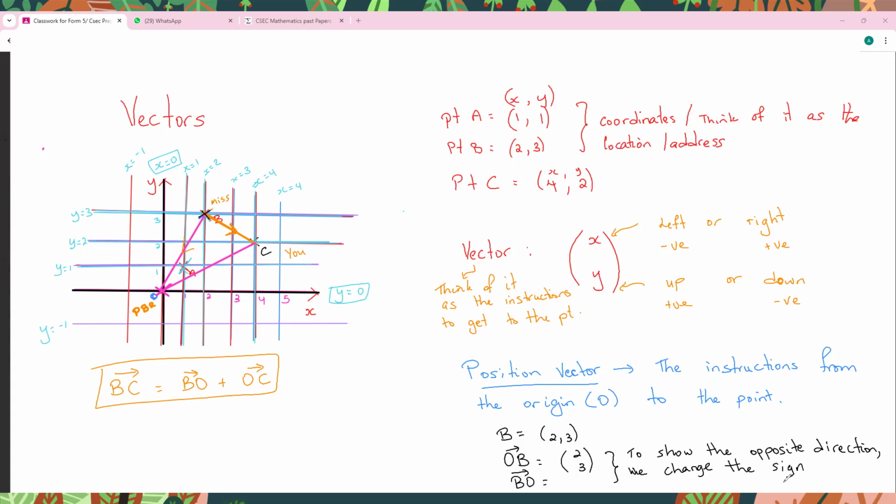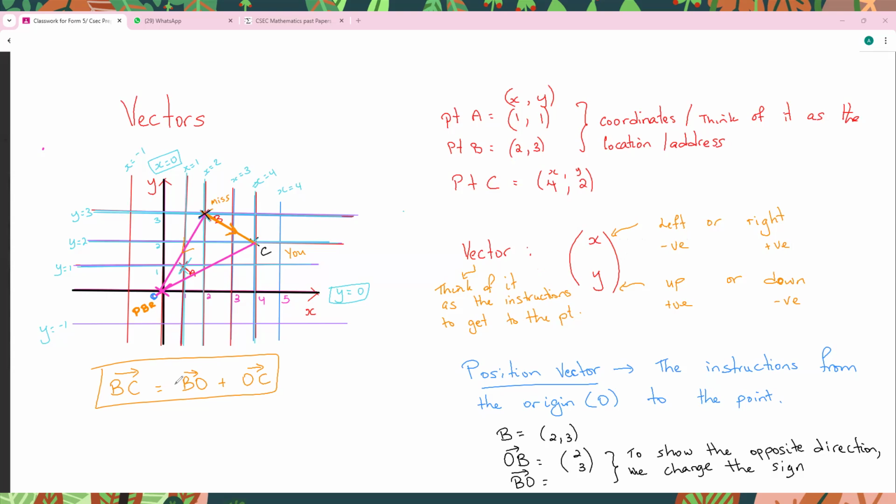Right? So basically, the positive or the negative tells us the direction we're moving in. Because remember, if it's a negative number for the X, you're moving left.